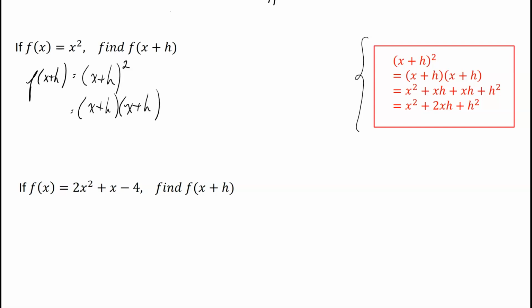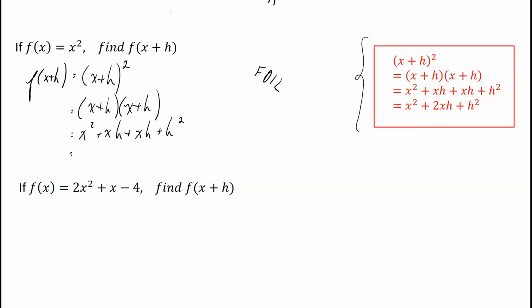And that is a binomial times a binomial, so we will use the FOIL idea. x times x, x times h, h times x, and h times h.